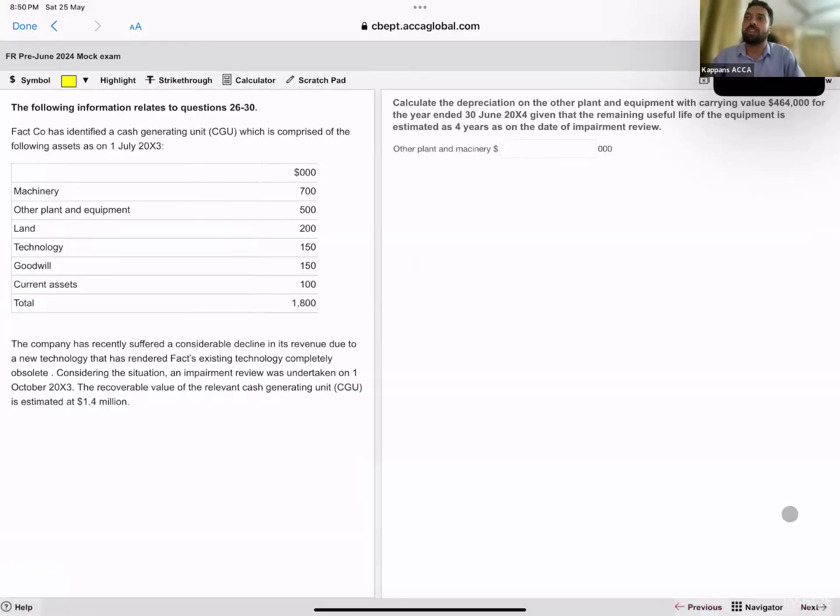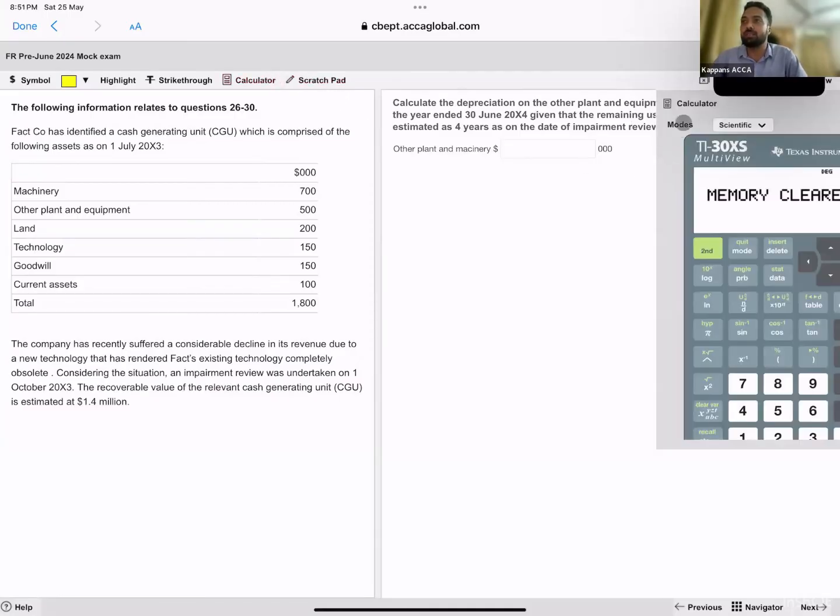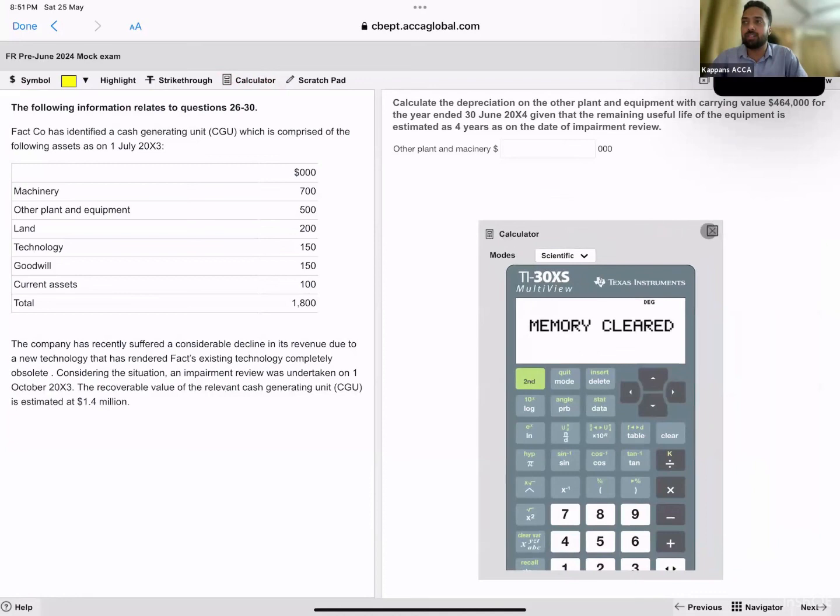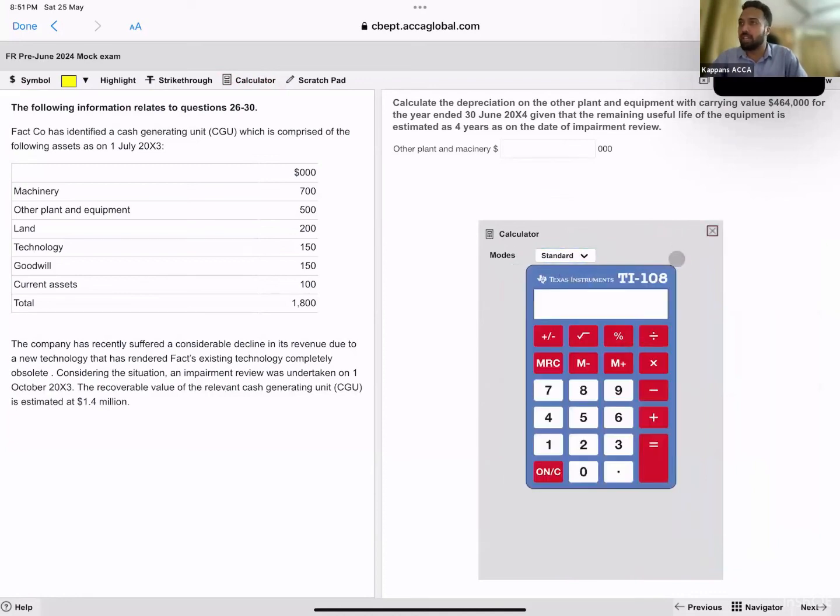Next one, calculate the depreciation on other plant and equipment with a carrying value of 464,000 for the year ended 30th June X4, given the remaining useful life of equipment as 4 years on the date of impairment review. So once an asset is impaired, then that asset will be recognized at its recoverable amount.